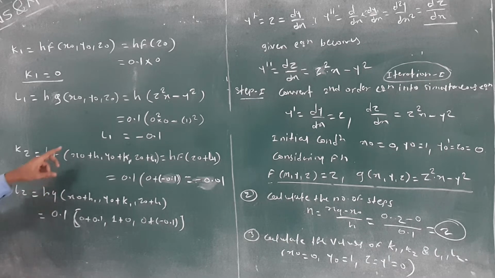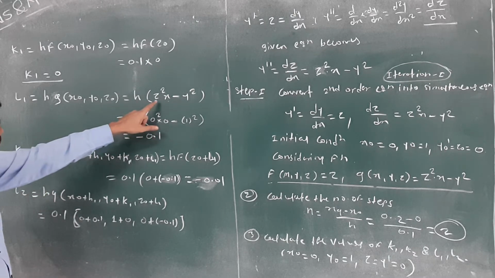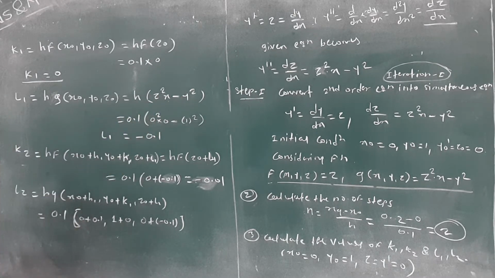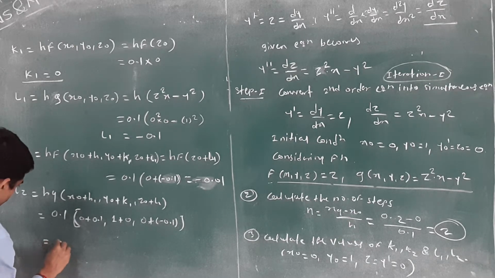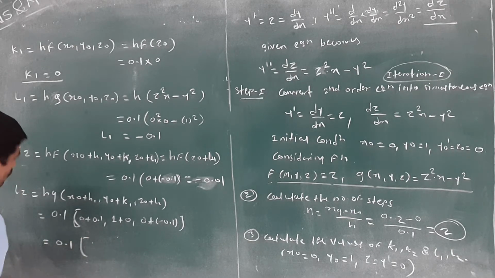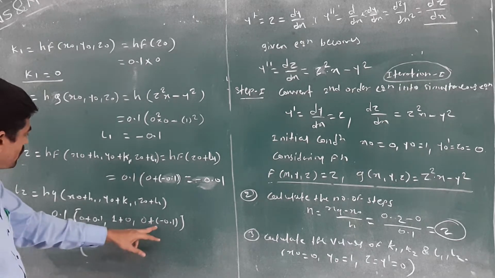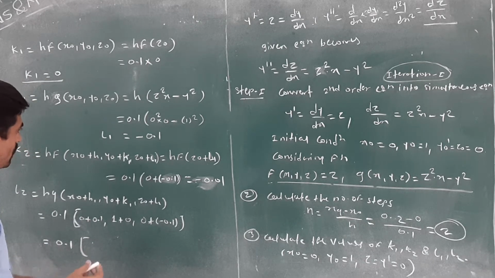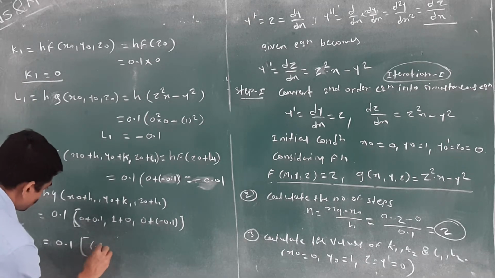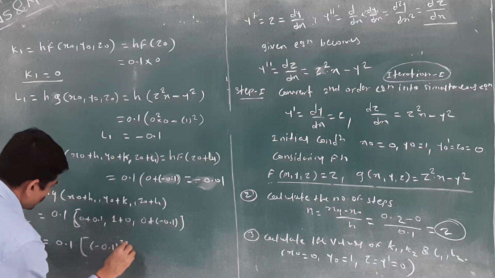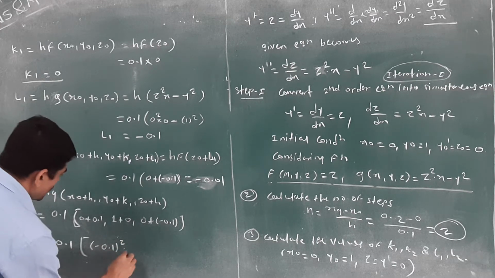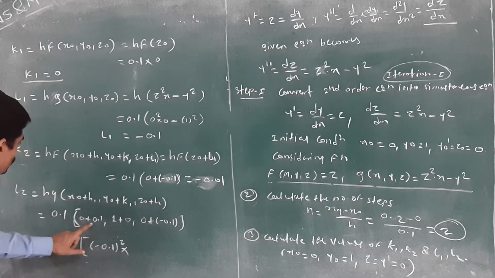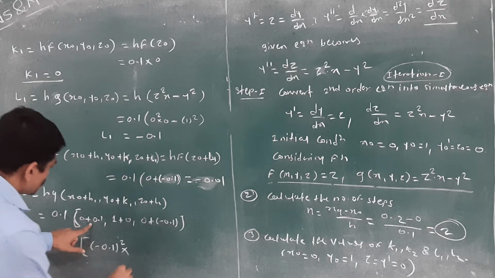Okay, this value you have to put in that equation. Which equation? The equation is h into z square x minus y square. I put here directly 0.1. What is the z square value? Z square is minus 0.1 square. Then x: what is the x value? This is the x value, 0.1.